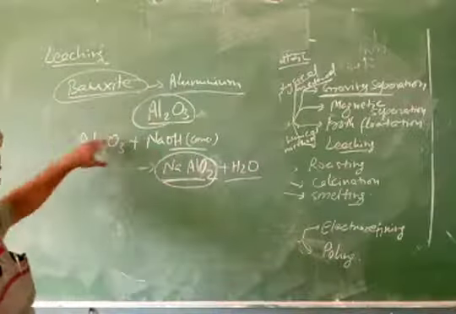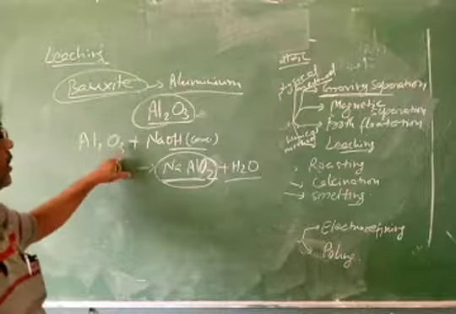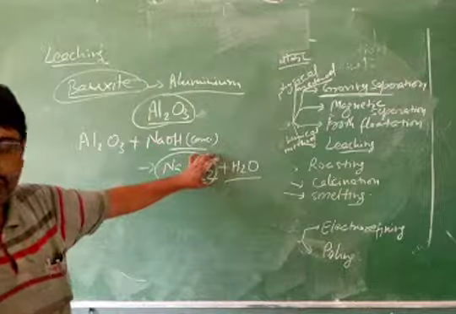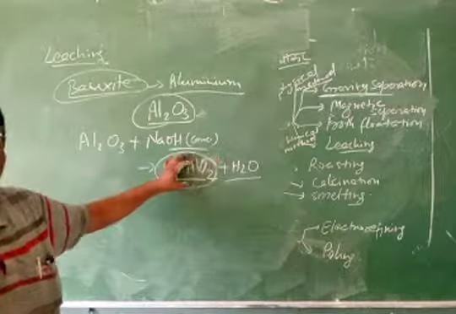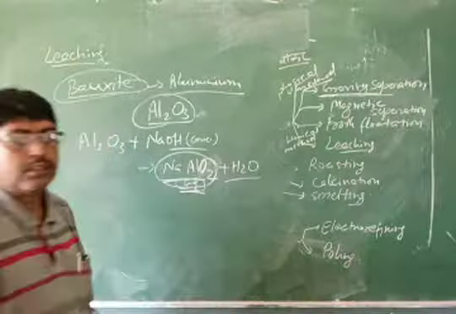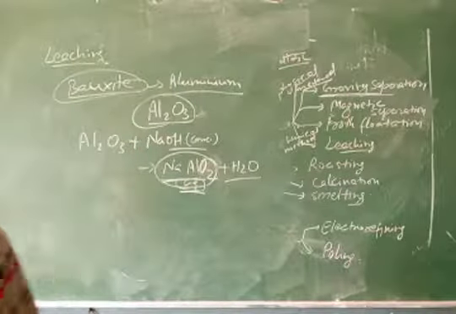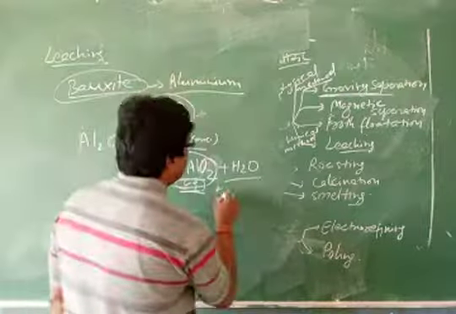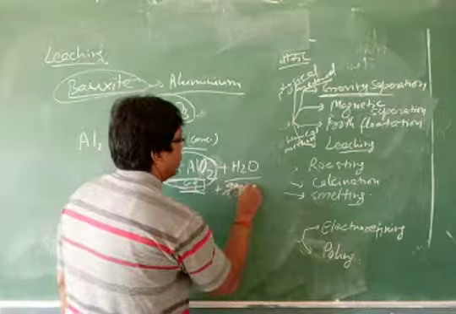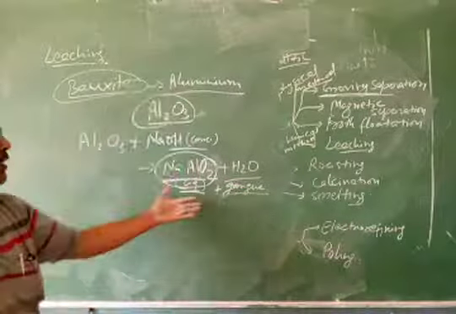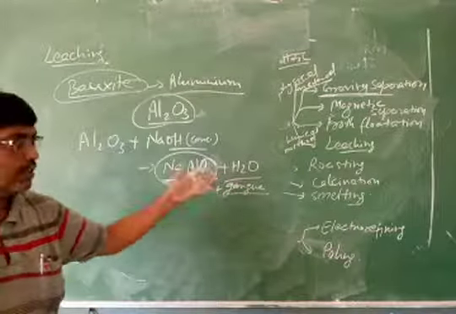That means the Al2O3 is dissolved in solution and forms sodium aluminate, in aqueous form. Gangue remains undissolved in this solution.